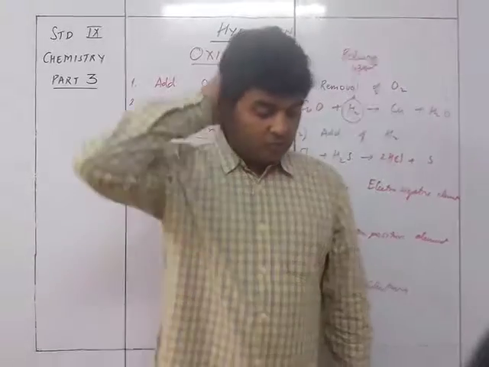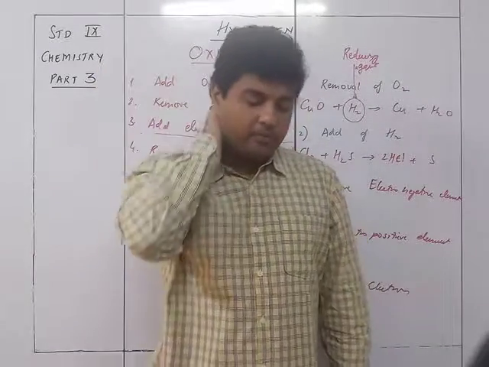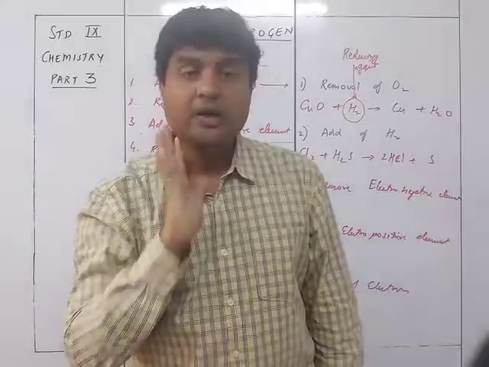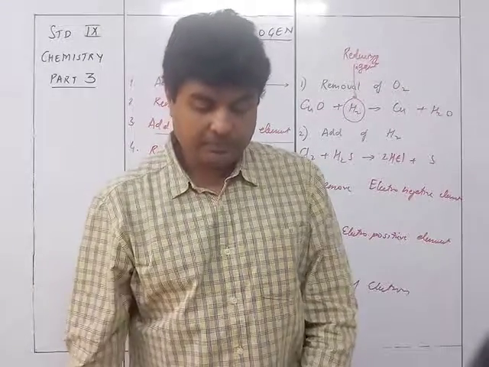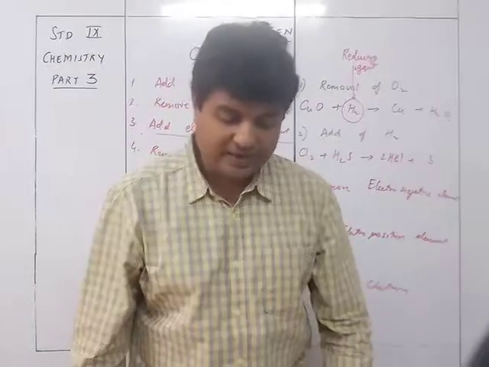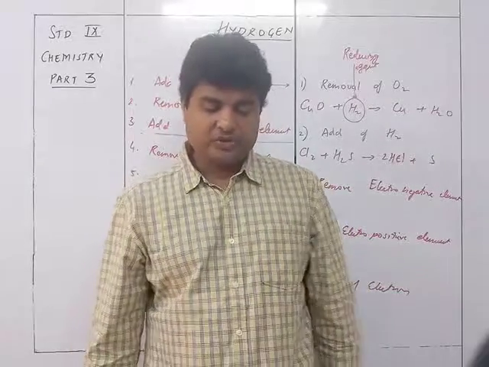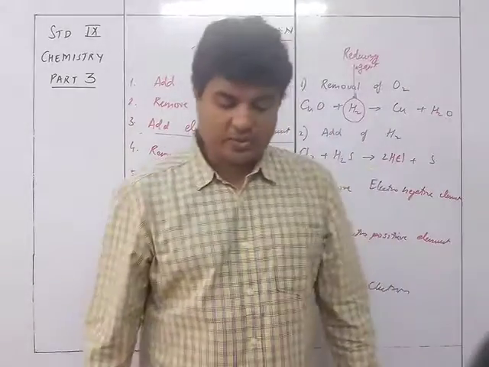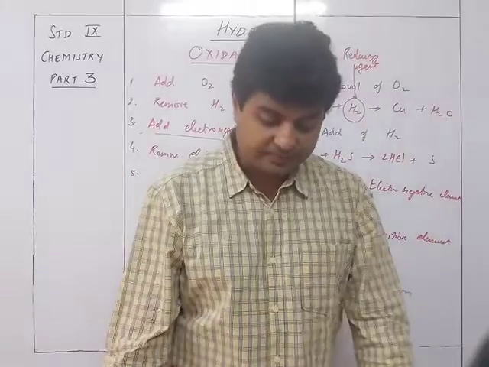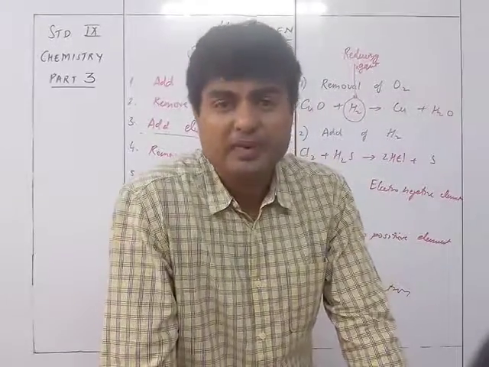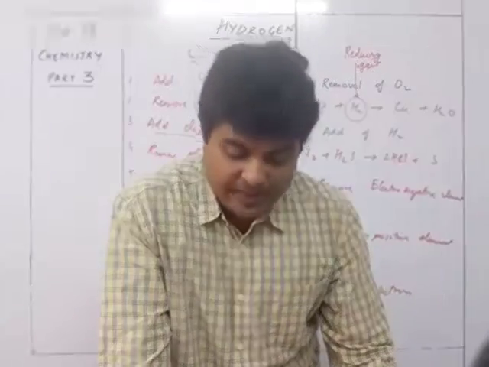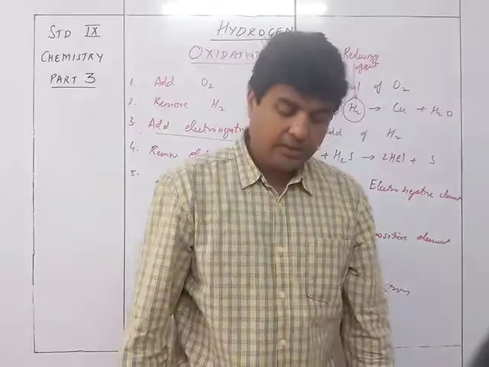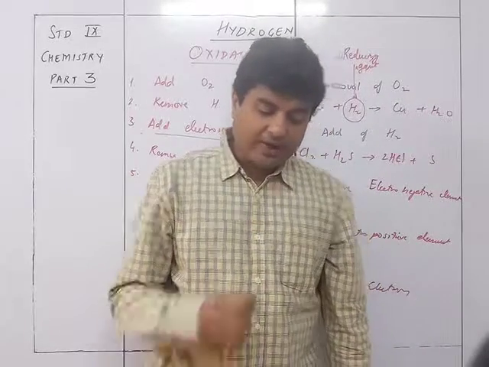Chlorine gains hydrogen from hydrogen sulfide, and is hence reduced to hydrogen chloride. So Cl2 plus H2S gives HCl plus S, where H2S is the reducing agent. Similarly, Br2 plus H2S will give you HBr plus S. The next is removal of electronegative element.